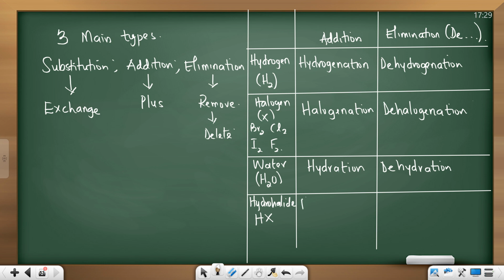Now that is called hydrohalogenation. And obviously, if I'm removing, dehydrohalogenation. Let me know if the names make sense to you.